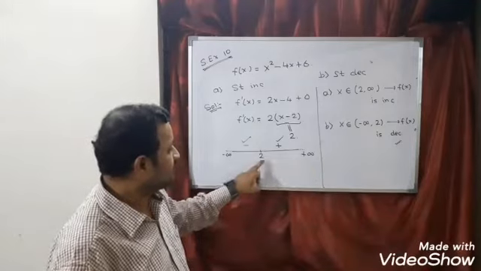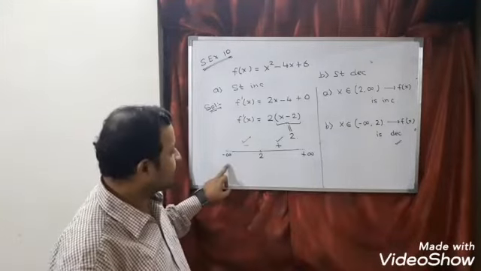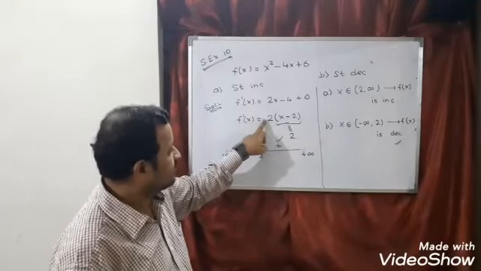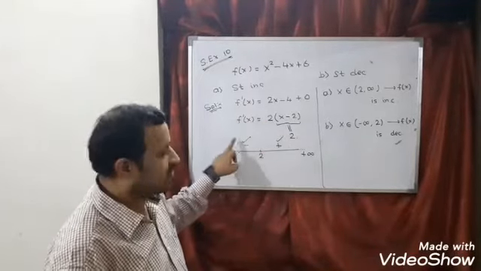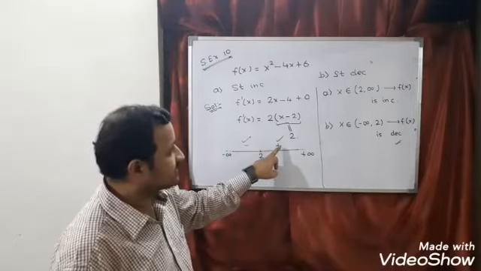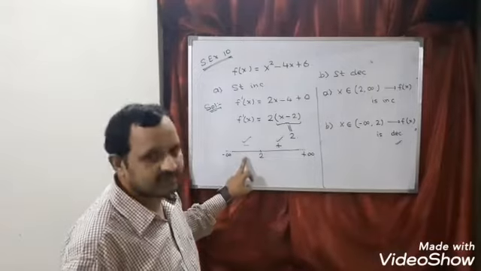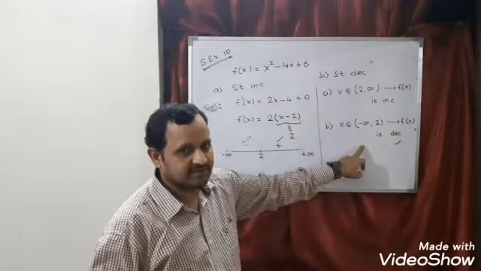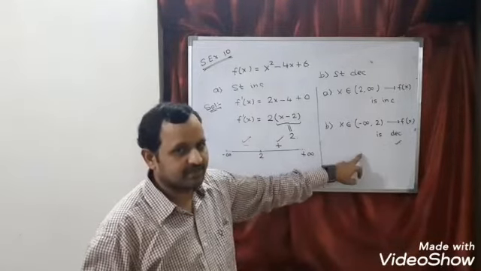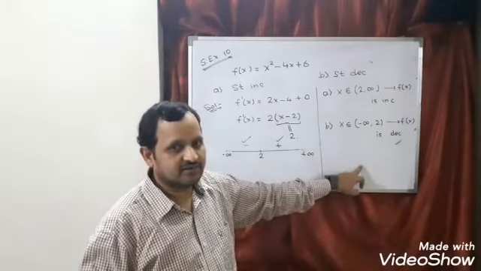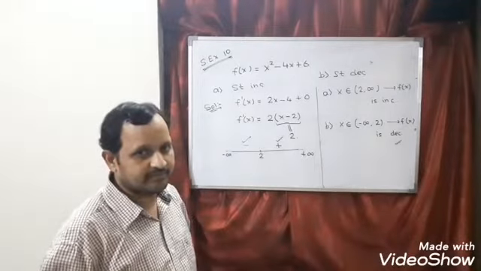So 2 will come here, plus infinity, minus infinity. What is outside sign of f dash x? Plus. So plus will come here, then alternate sign will come. Positive sign represents interval of increasing and negative sign represents interval of decreasing. So just apply the working step. We can easily find interval of increasing and decreasing function. I think it is clear.